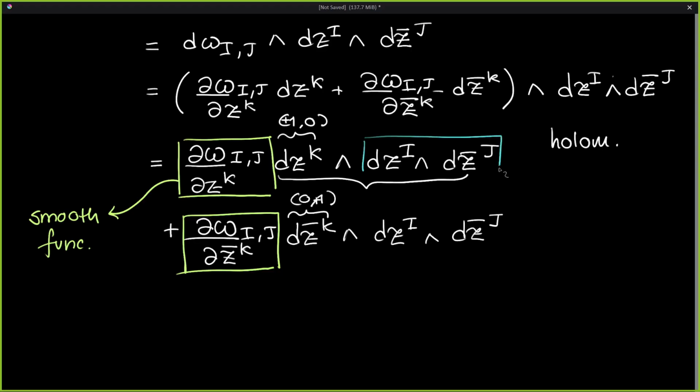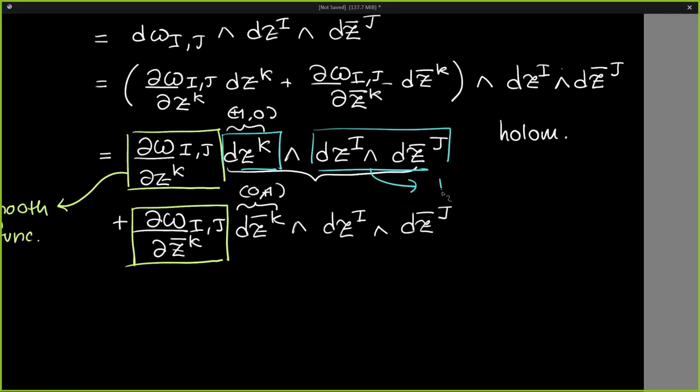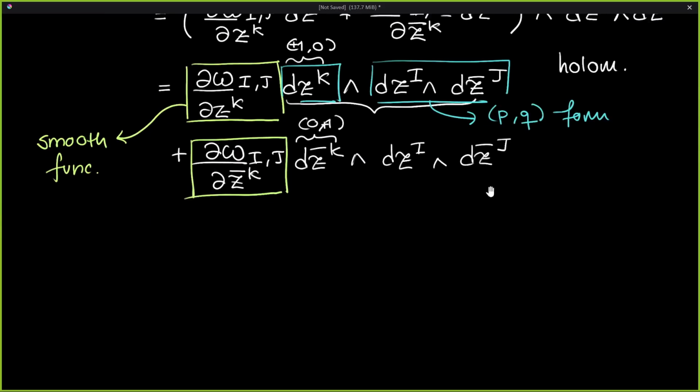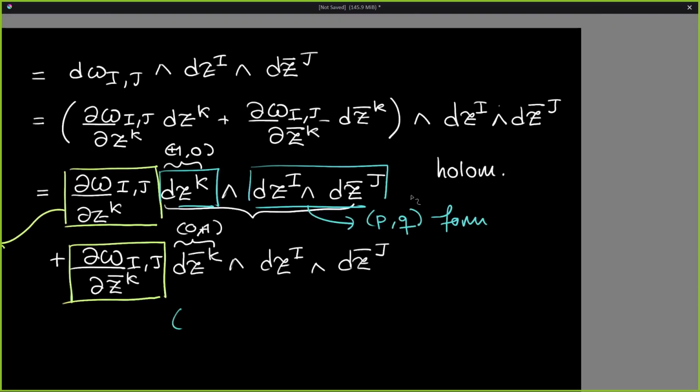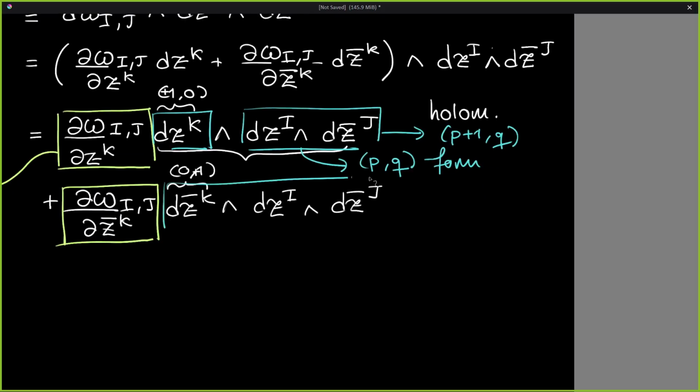This is what we already had. So this is the change. So then since this is a PQ form, the whole thing is, this is our P plus 1 Q form, and this is our P Q plus 1 form.